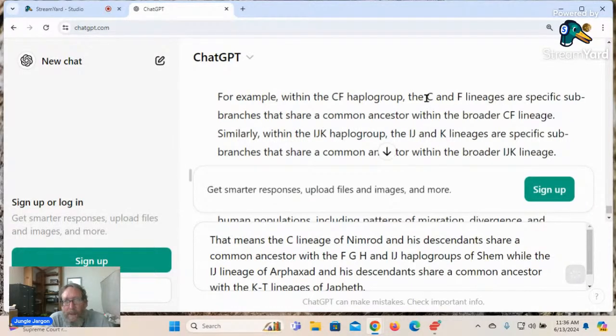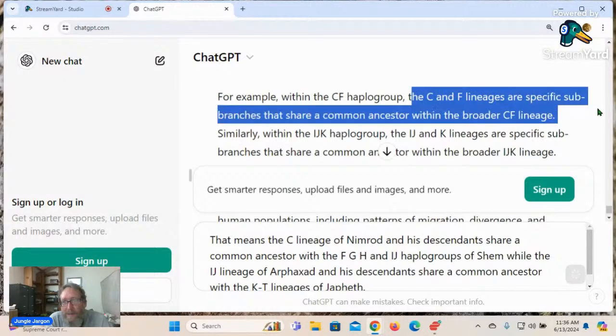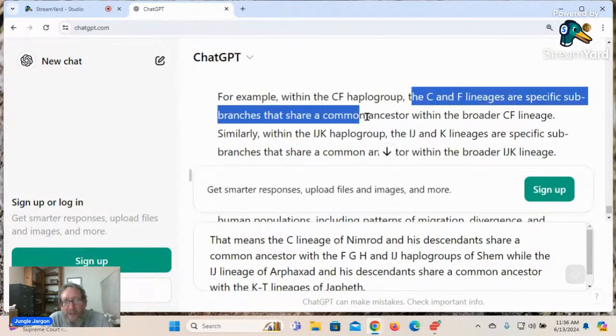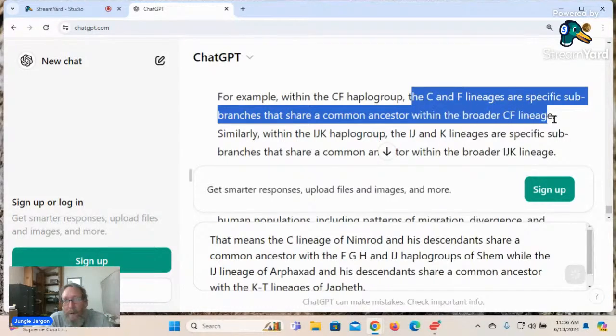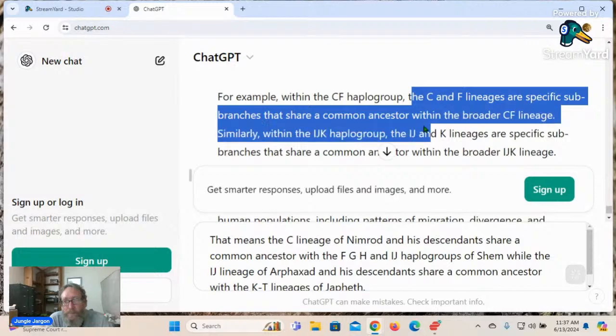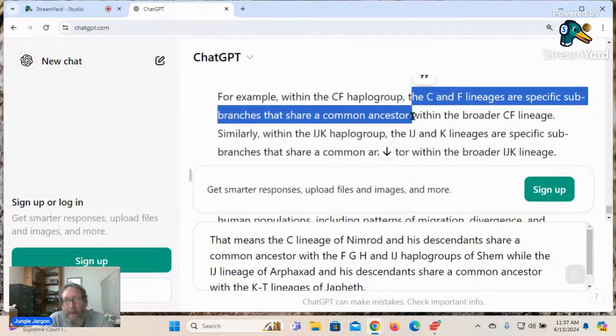Okay. Here we have it right here. The C and F lineages are specific subbranches that share a common ancestor within the broader CF lineage. But this is important. The C and F lineages share a common ancestor.